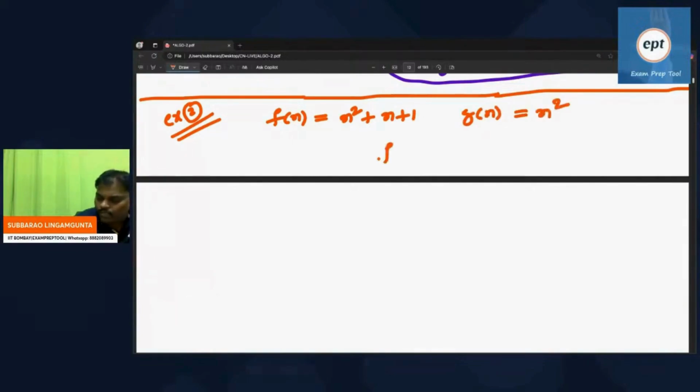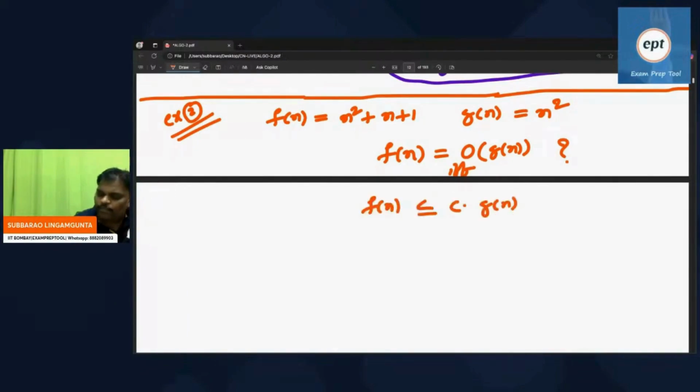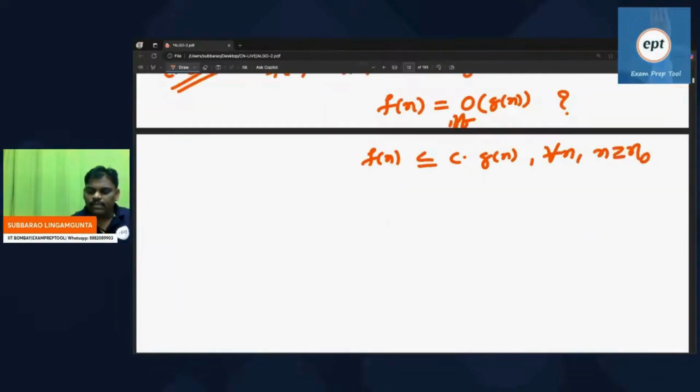Now I want to say f of n is Big O of g of n. Can I say this? If you want to say this, this condition should be satisfied: f of n is less than or equal to some c into g of n for all n where n is greater than or equal to n0.